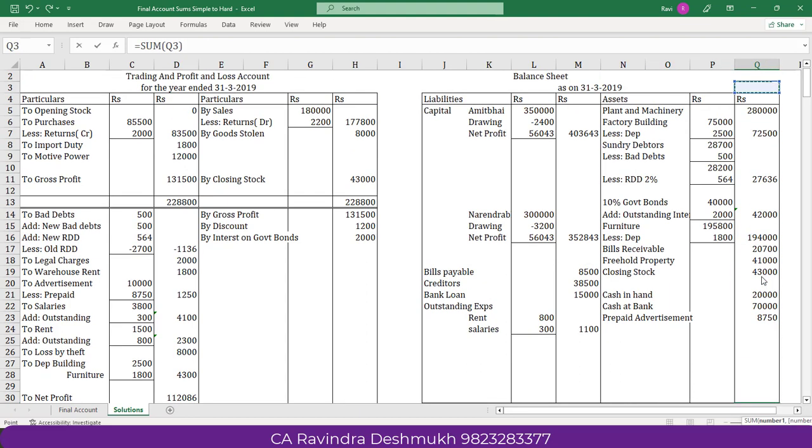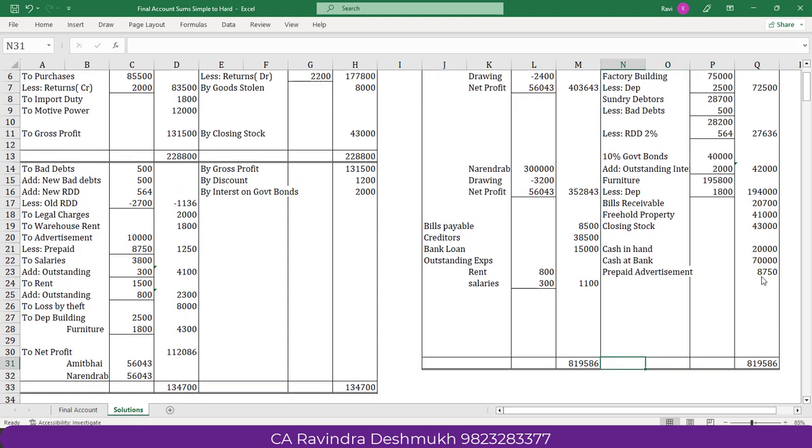If everything is correct, can you see, this is the first sum that we have done.